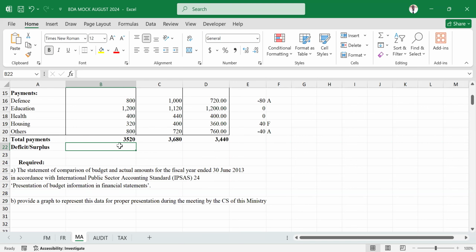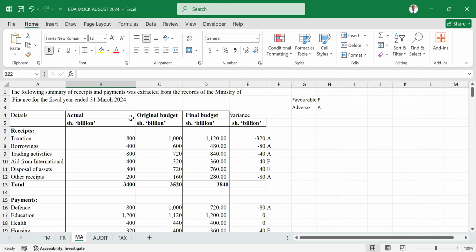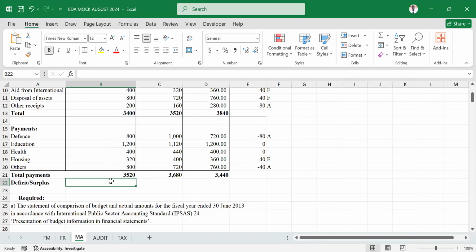Then you must be running on a deficit. And when you're running on a deficit in financial terms, it means you have sourced other financing to finance your expenditure, which is a wrong perspective. And now you are defeating the essence of doing the budget in the first place.